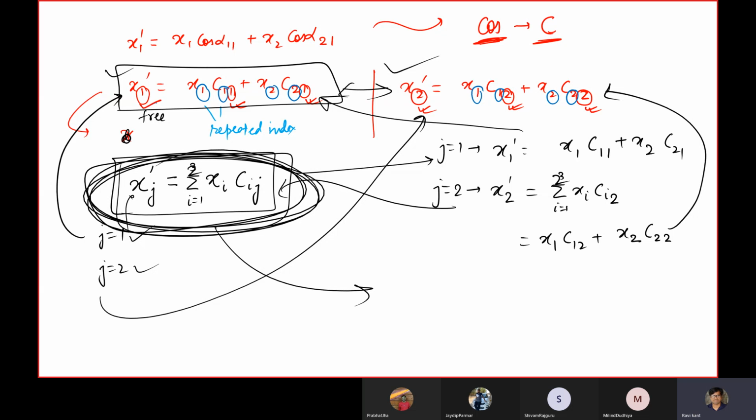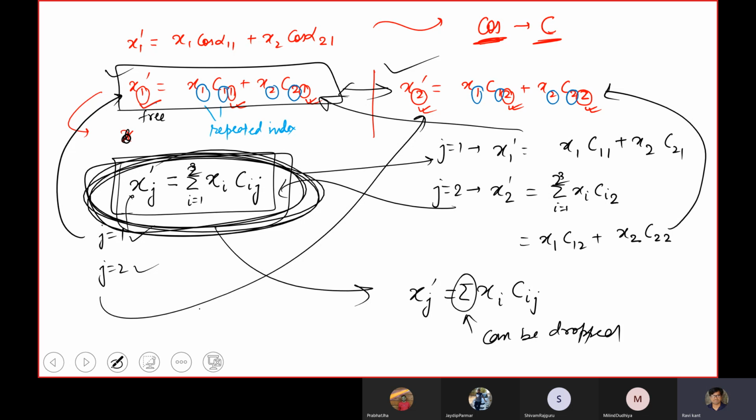Right, whenever I rotate my coordinates, I will just say that the rotated components can be written in terms of x i c i j. Moreover, one more thing I wanted to tell you, that the summation sign can be dropped. Why?